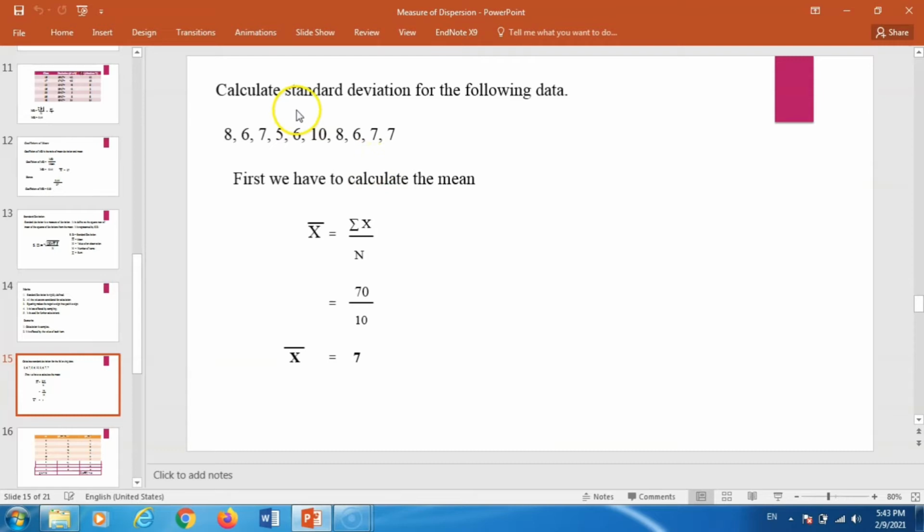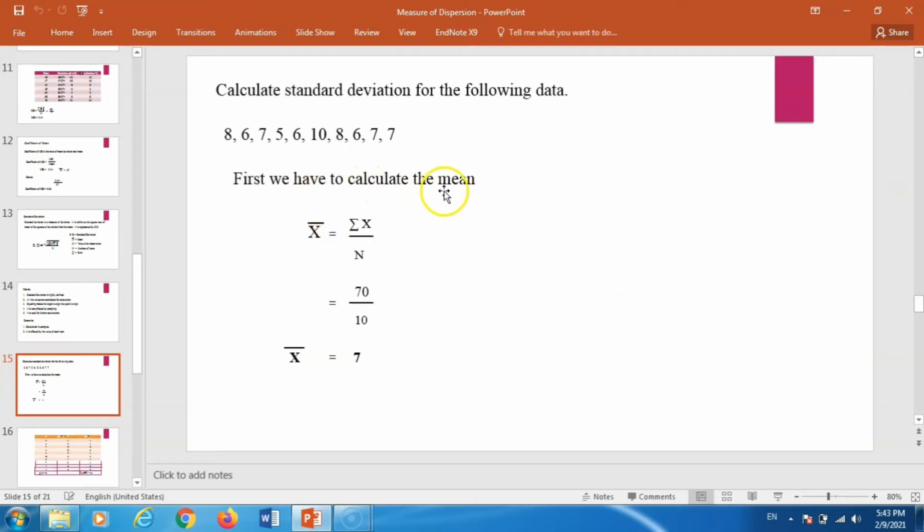Then let us see, here is one problem given and we have to find the standard deviation. Calculate standard deviation for the following data. Altogether 10 values are given here.